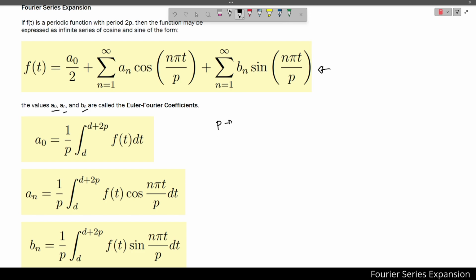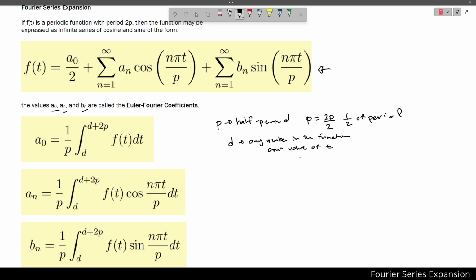P here is your half period. This is essentially P is equal to 2P over 2, or 1/2 of your period. D is just any number in the function, or any value of t.